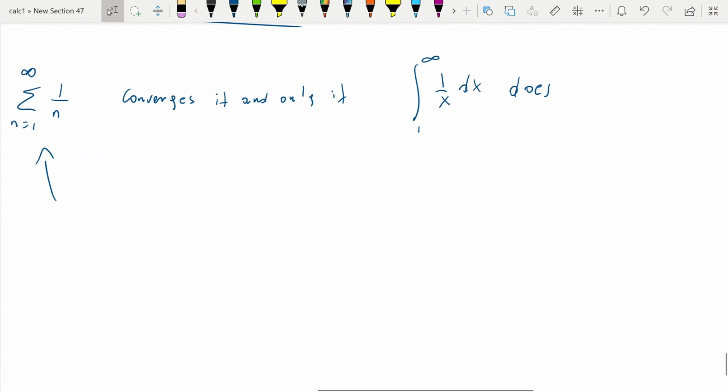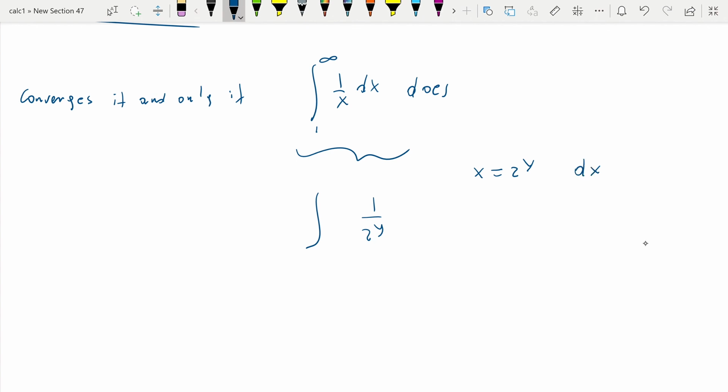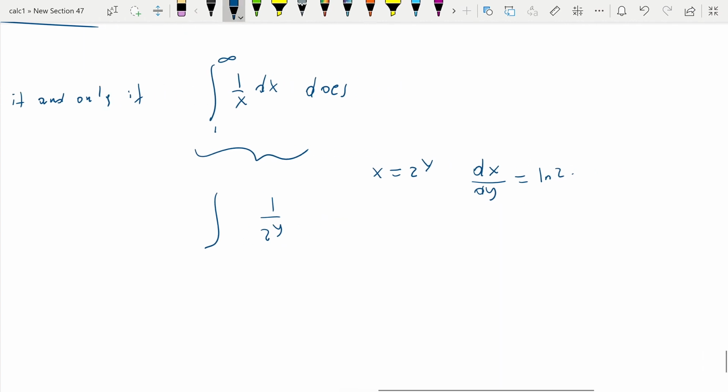One way to see that is we can use a change of variables, where x is equal to 2 to the y, and this means then that dx dy is natural log of 2 times 2 to the y.